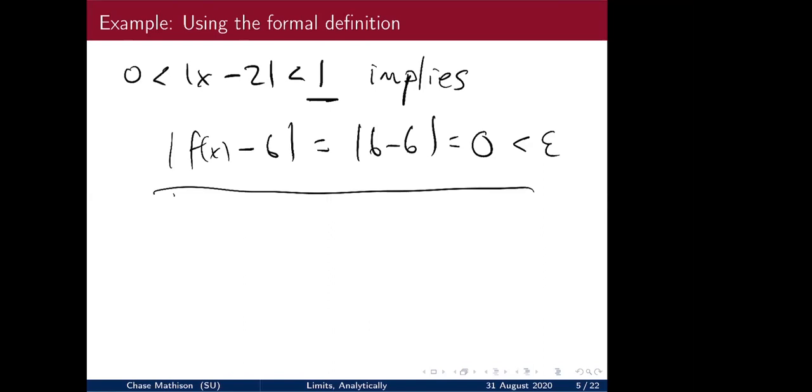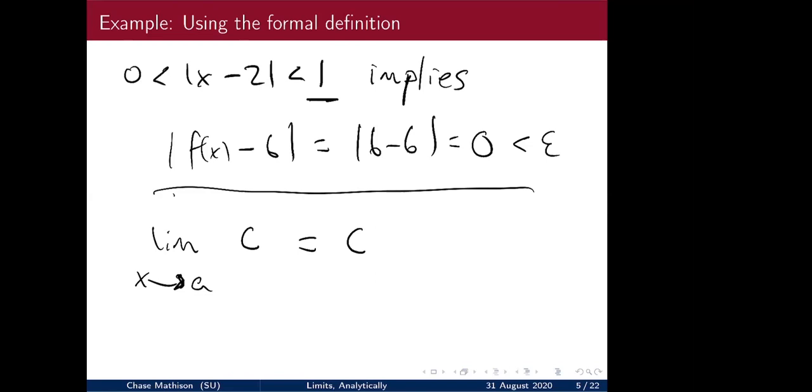And do you guys hopefully see that if I'm looking at the limit as x approaches any old a of a constant number, the answer is going to be that constant, right? So that's going to be important to remember later, that the limit as x approaches a of any old constant value c is just equal to c. And you can go through this exact same thing, just replace all the 6s with c's and all the 2s with a's.